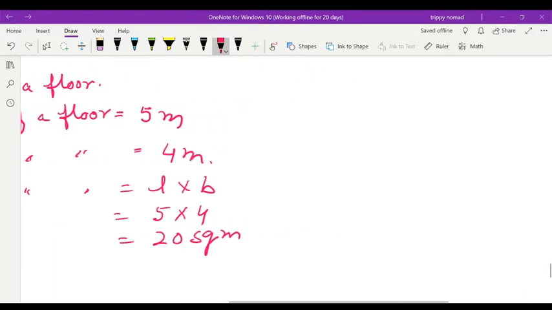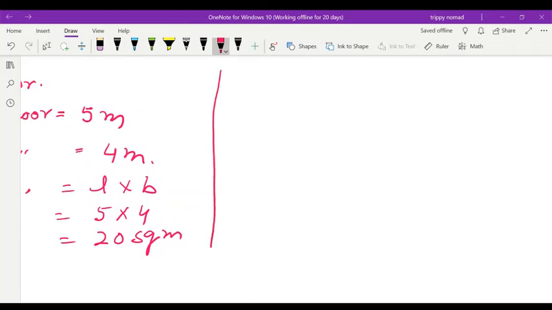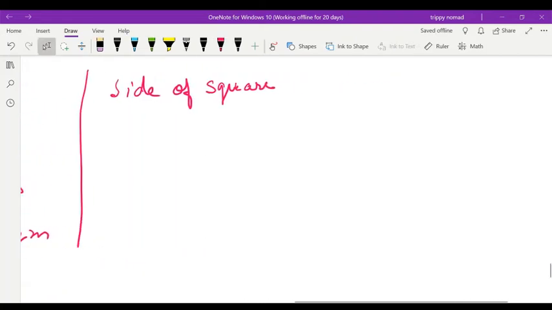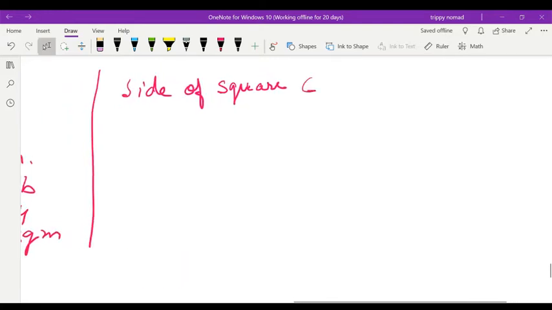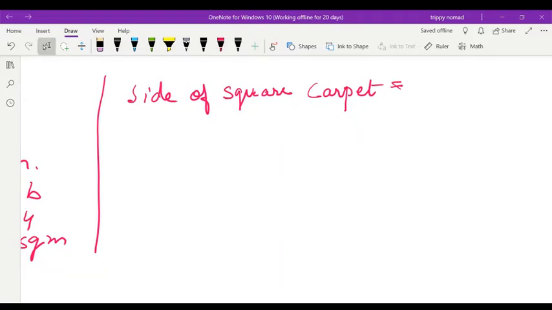Same way children, here side of a square carpet, what was that? 3 meter.